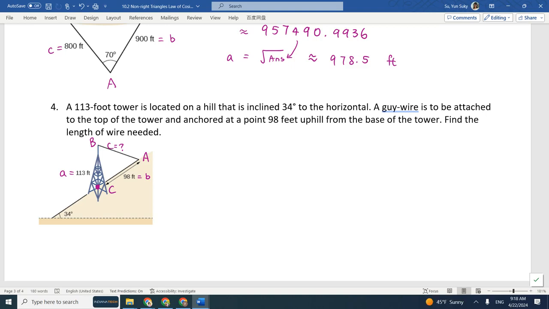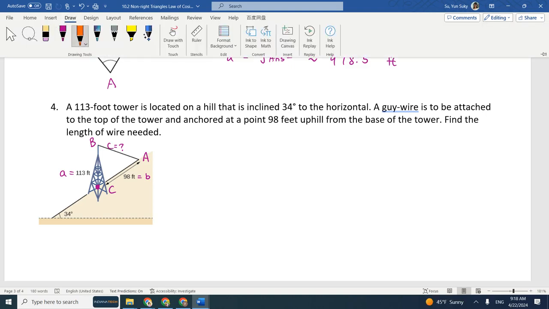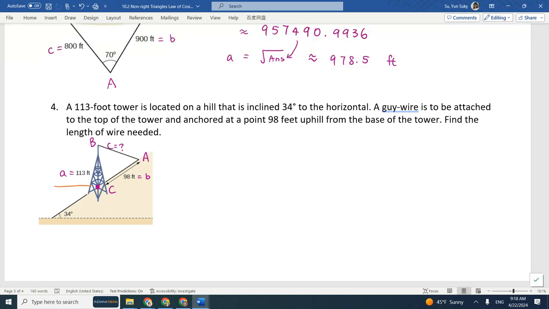How do we do that? We can draw a line parallel to it. Remember last time, if two lines are parallel, then this angle and this angle are the same. Right, everybody?